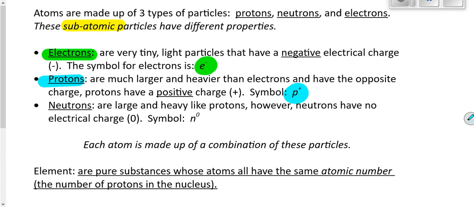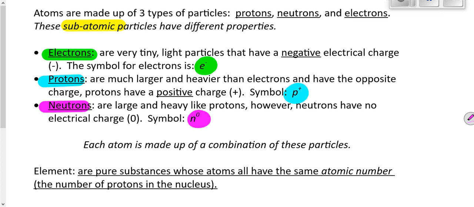These are quite large and heavy particles found in the middle of an atom. And we will also find another large heavy particle called a neutron, which we use the symbol n0. Zero meaning no charge. We call that neutral. So all atoms are made up of different amounts of protons, neutrons, and electrons. It doesn't matter what kind of atom we have.